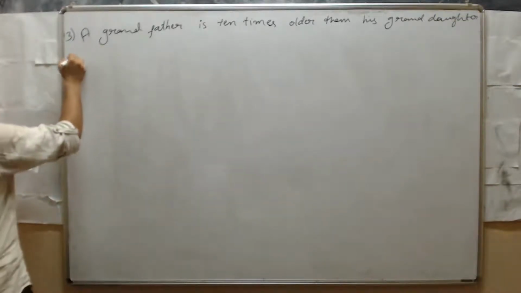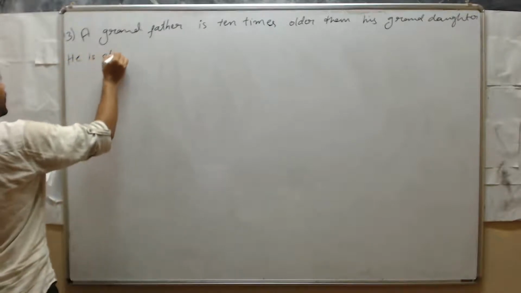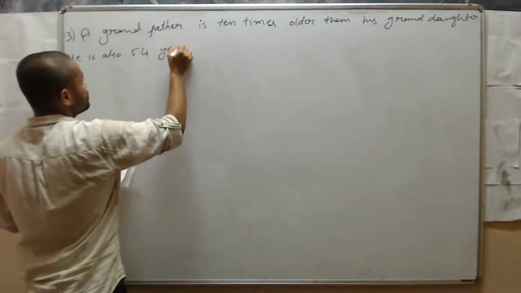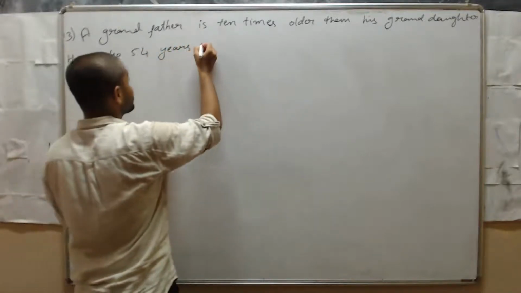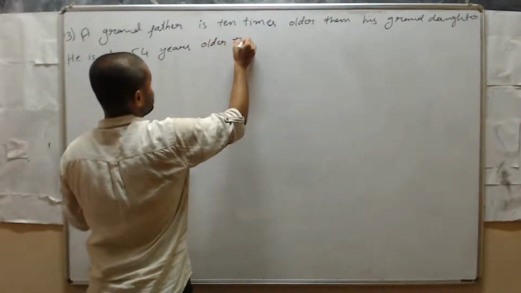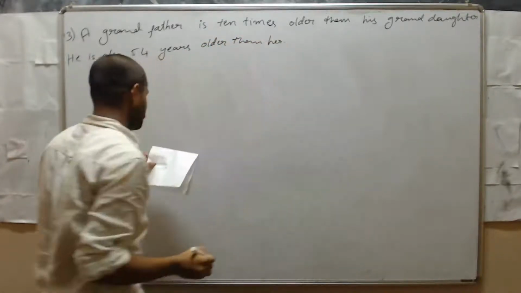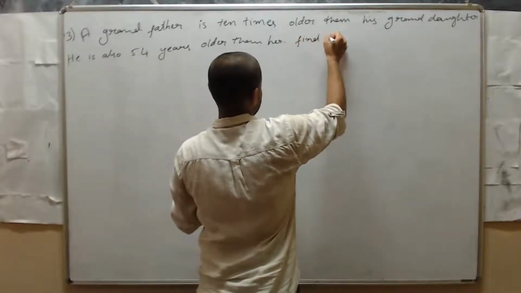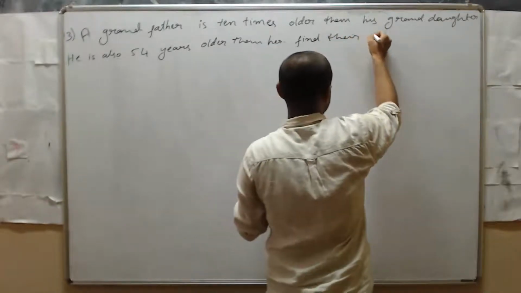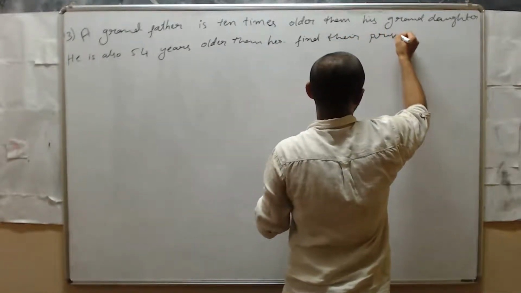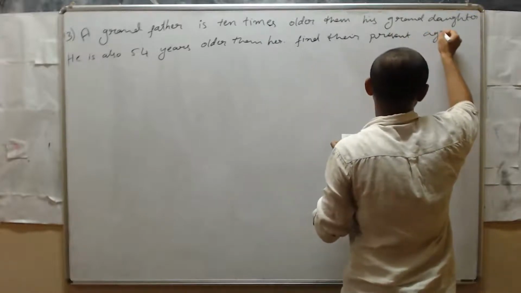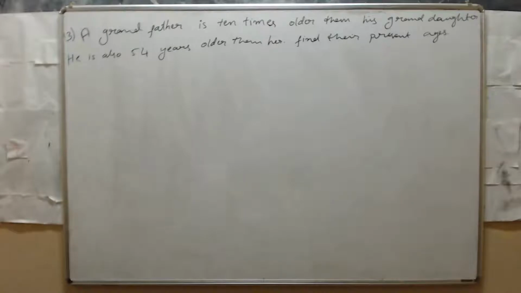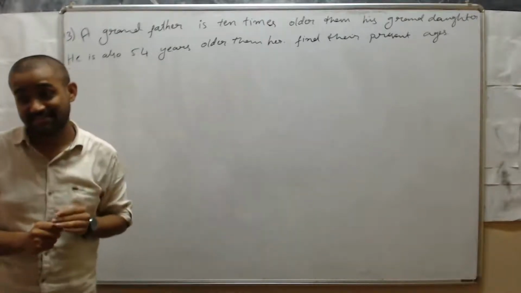He is also 54 years older than her. Find their present ages. Okay? In the answer, find their present ages.